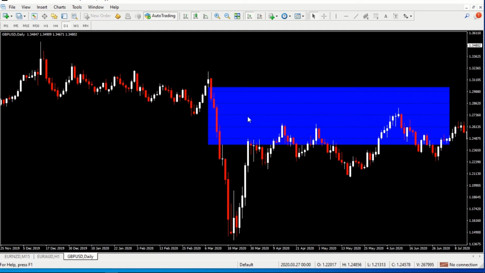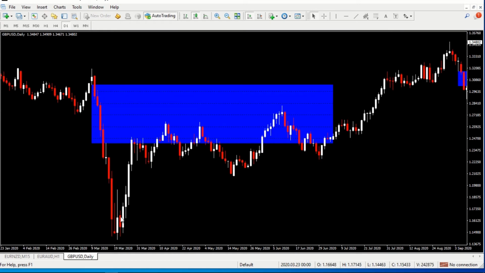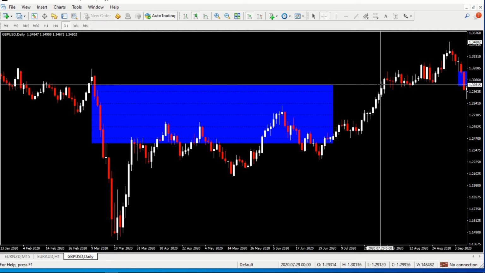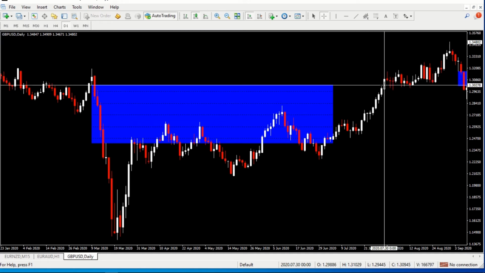In future, price went back and filled the imbalances caused by institutions or high impact news. When it happens like that, price may not quickly fill the imbalances. It may take some time before it fills it. So on 31st July 2020, price went and filled these imbalances.